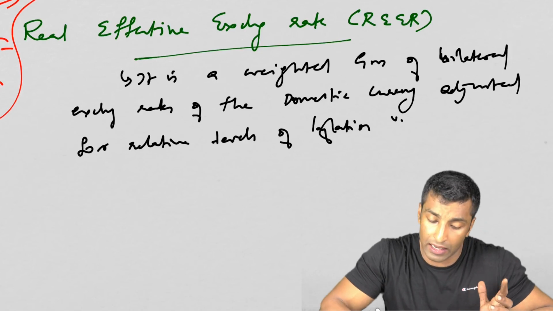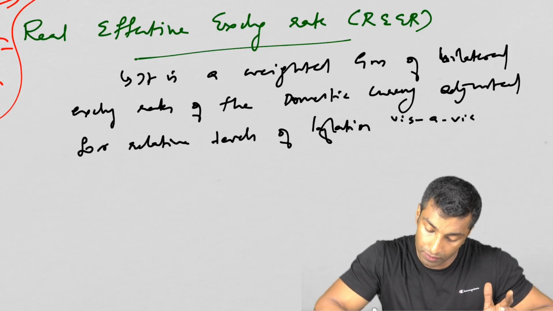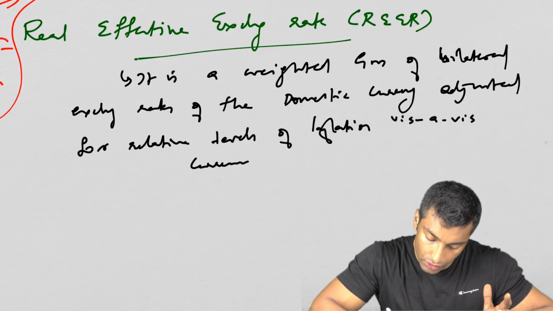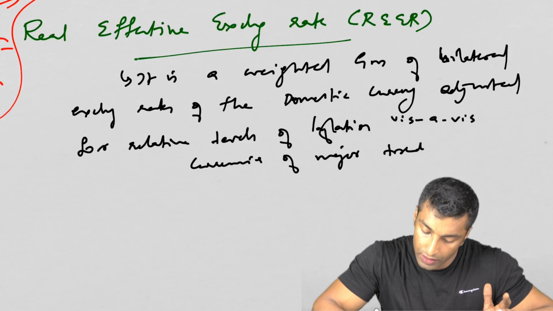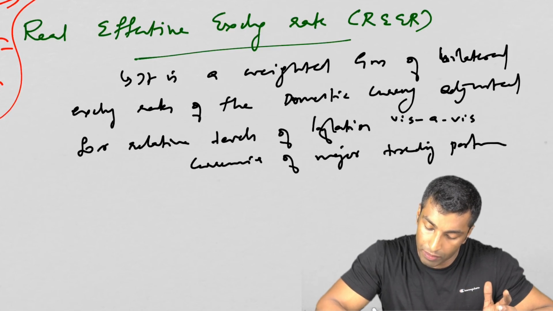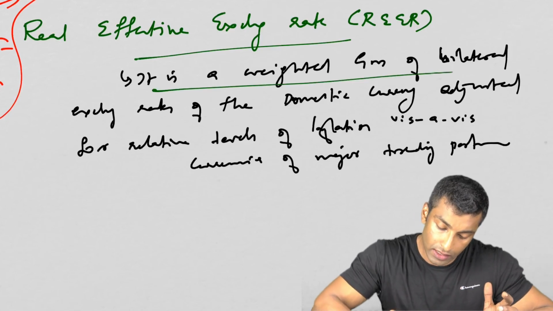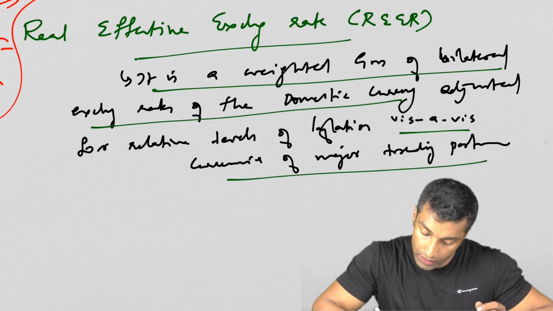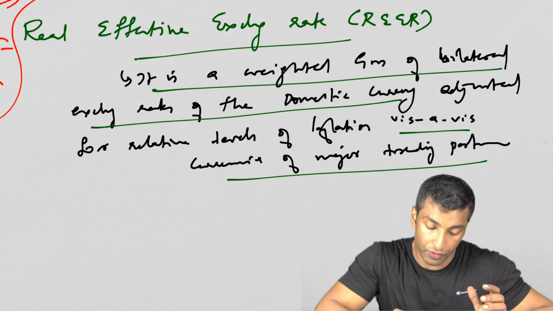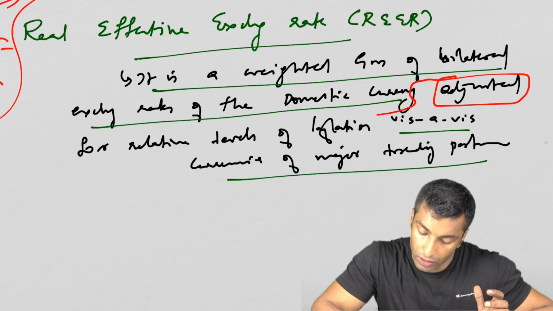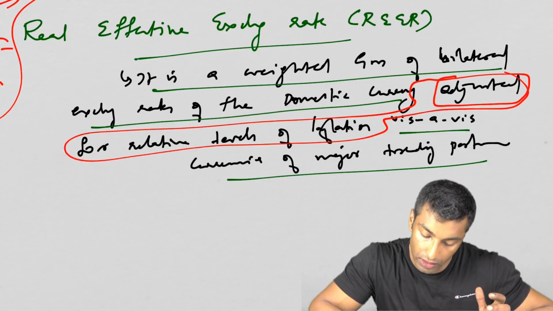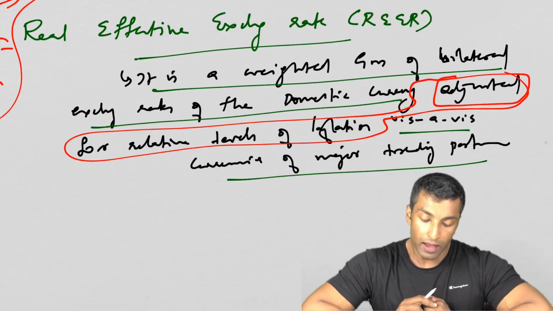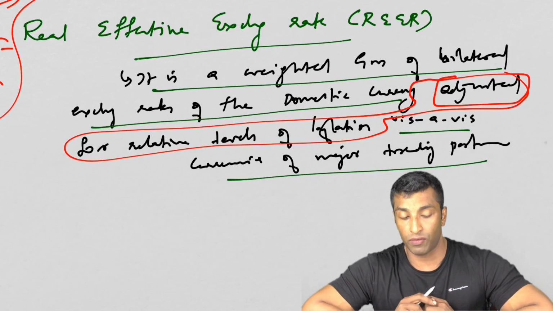I mean, I'm talking about price levels vis-a-vis currencies of major trading partners. Okay, so this part is the same as the nominal, and this is what the difference is. It is actually adjusted for relative levels of price level or inflation.